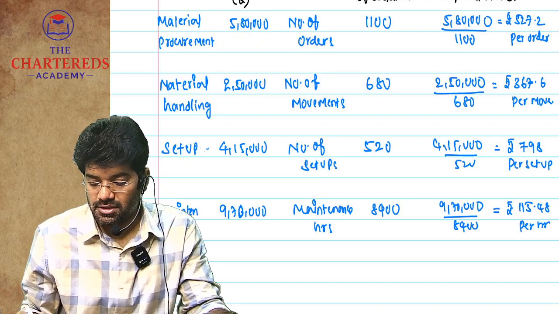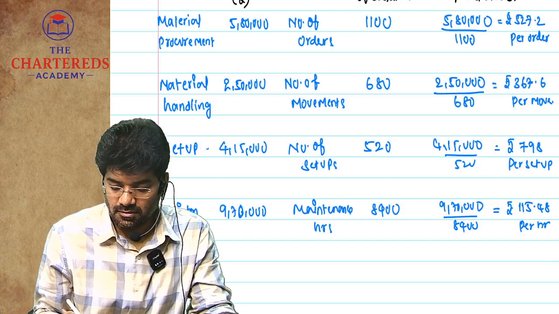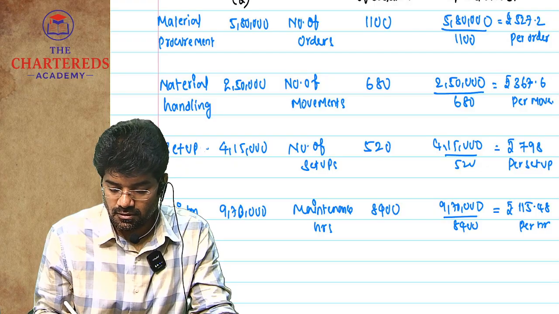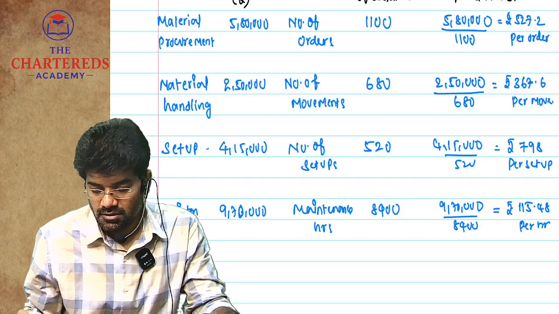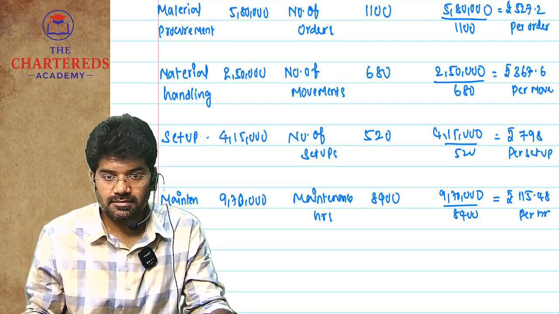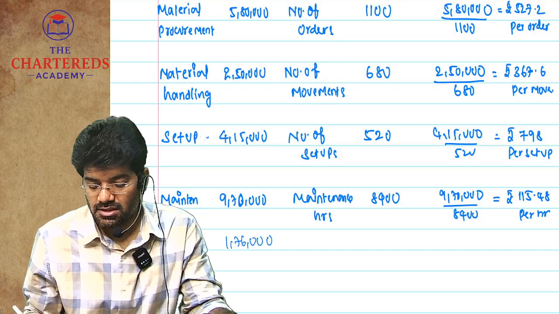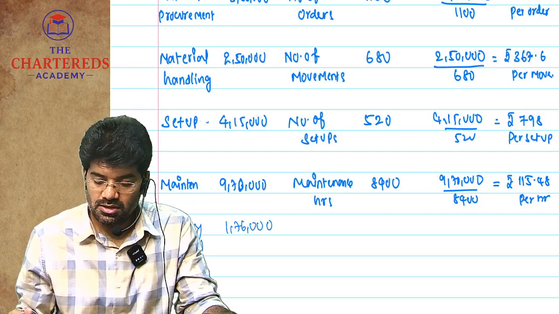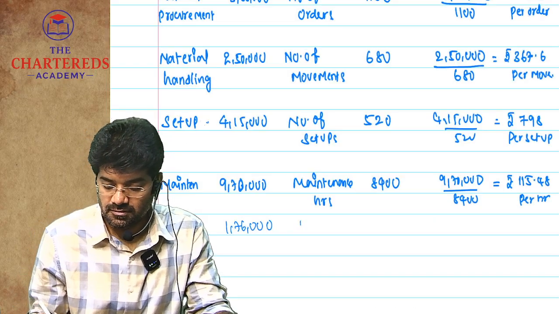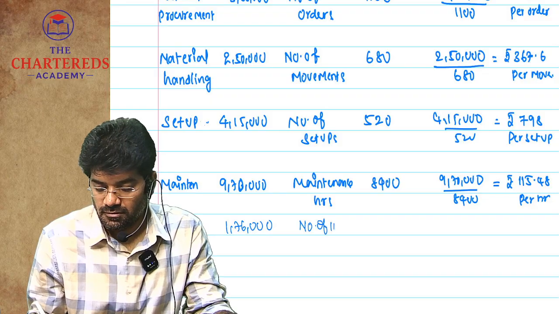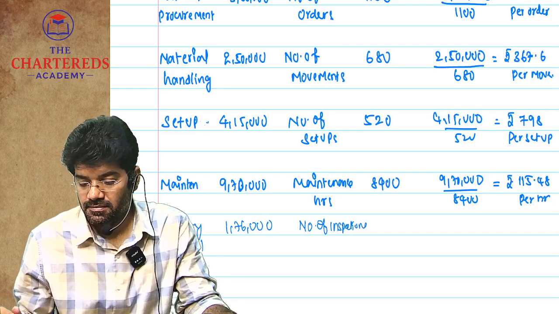What is the next activity they have given us here? Quality control. The amount is 1,76,000. Quality control, what is the cost driver here? Number of inspections only. How many they have done?